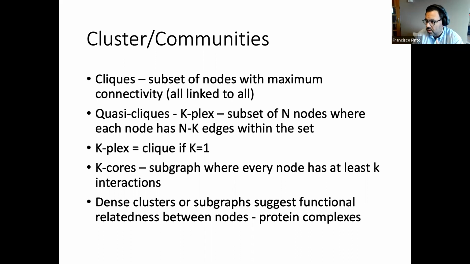But the 2-core is like you delete interactions to nodes that only have 1 interaction. So those nodes become isolated, and you may end up with just a single component where all nodes have at least 2 interactions, or you can start having isolated components, but within each component, every node has at least 2 interactions.